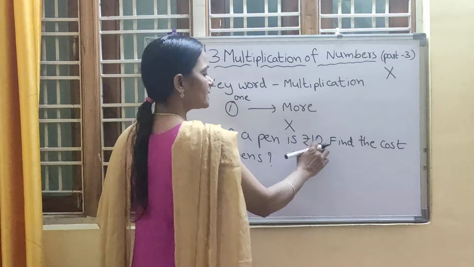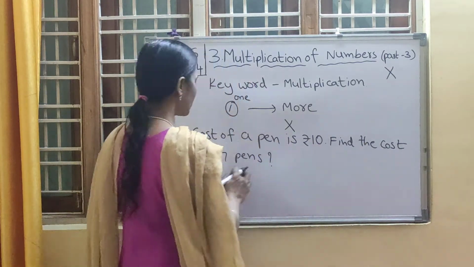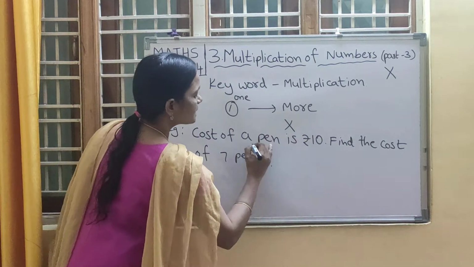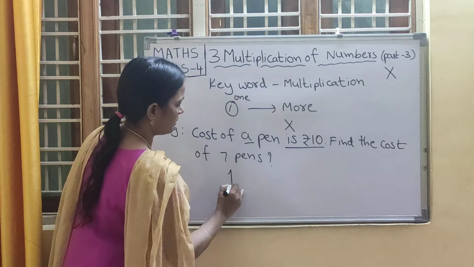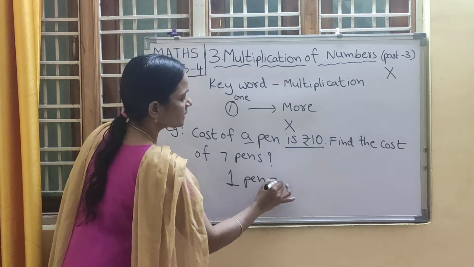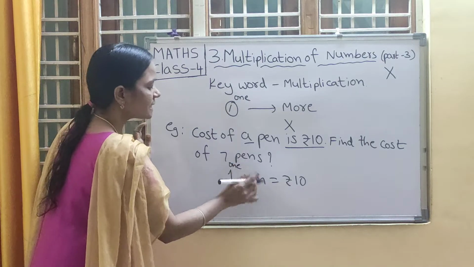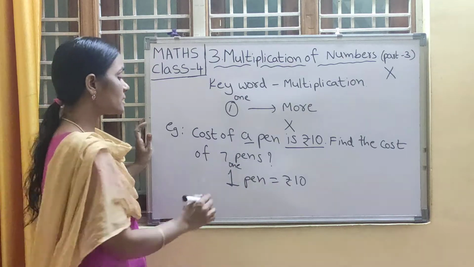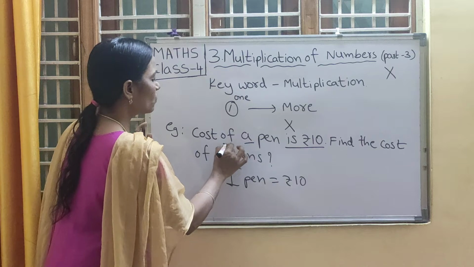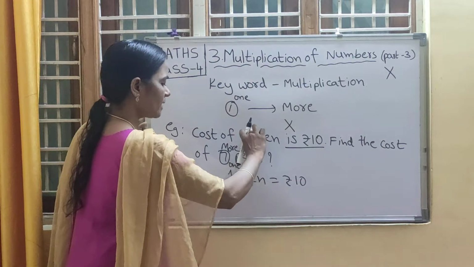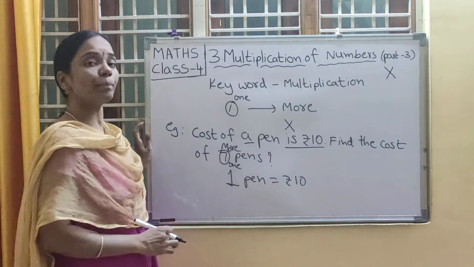Cost of a pen is 10 rupees. Then find the cost of 7 pens. So here the cost of 1 pen is given. A means 1. One pen is given, that is 10 rupees. Giving 1 means one thing is given, and asking for 7 pens means more pens. Am I right, children? Giving 1 pen's cost and asking for more pens' cost.